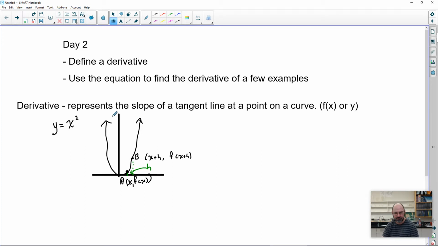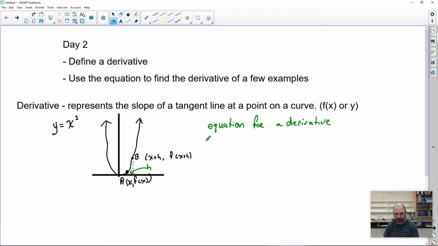So the definition of a derivative equation is to take the limit. Now, we're going to get some shortcut equations for derivatives later, but this is where every derivative basic comes from.